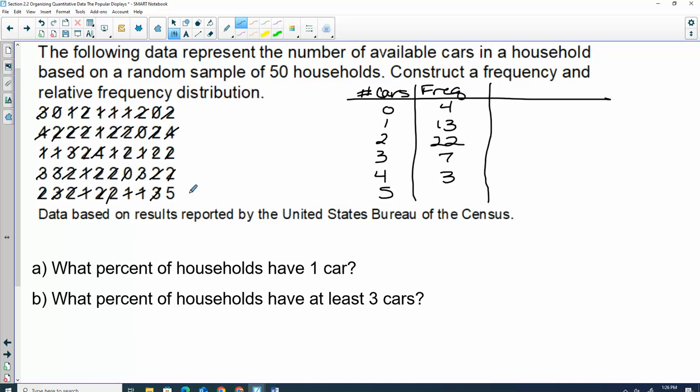And 5 cars, once. Okay. How could I quickly check if I got them all?